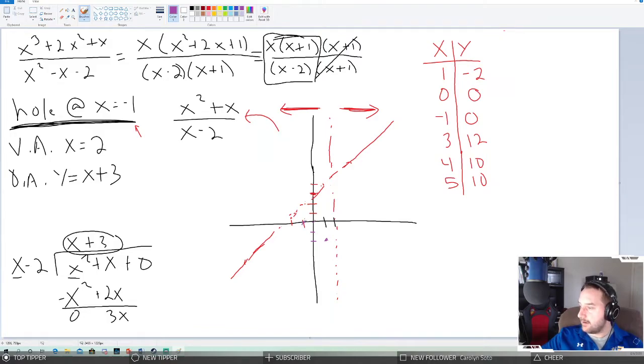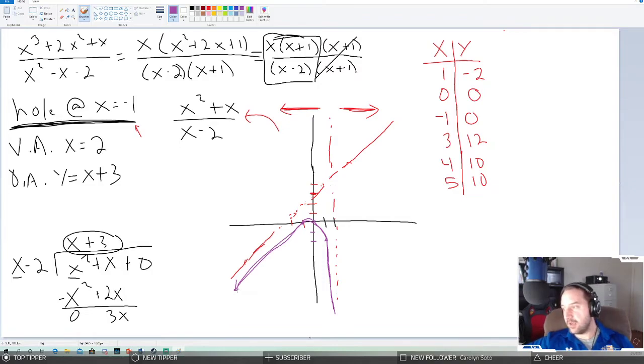So that means that drawing them, make sure they're hugging the asymptotes. So it's probably going to do something like this. It's not perfect smooth, but I could probably draw that a little smoother, but that's okay. That's good enough.